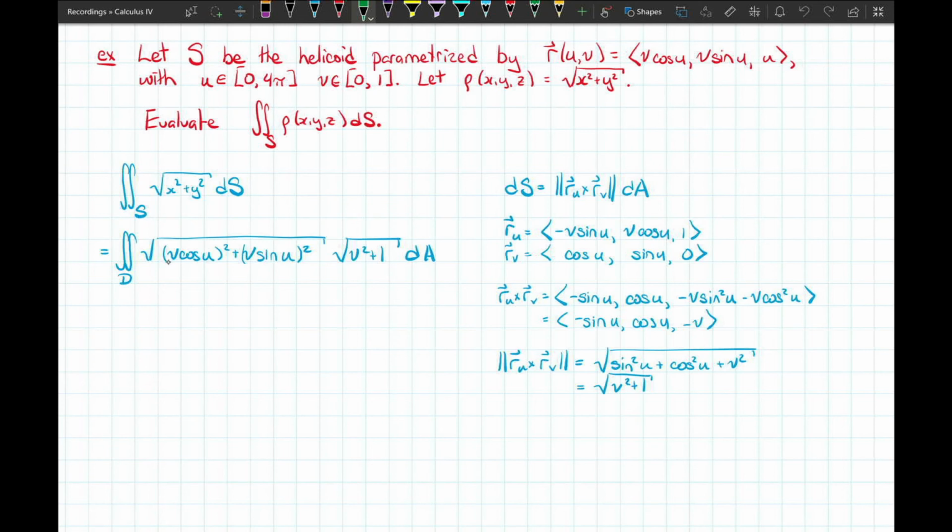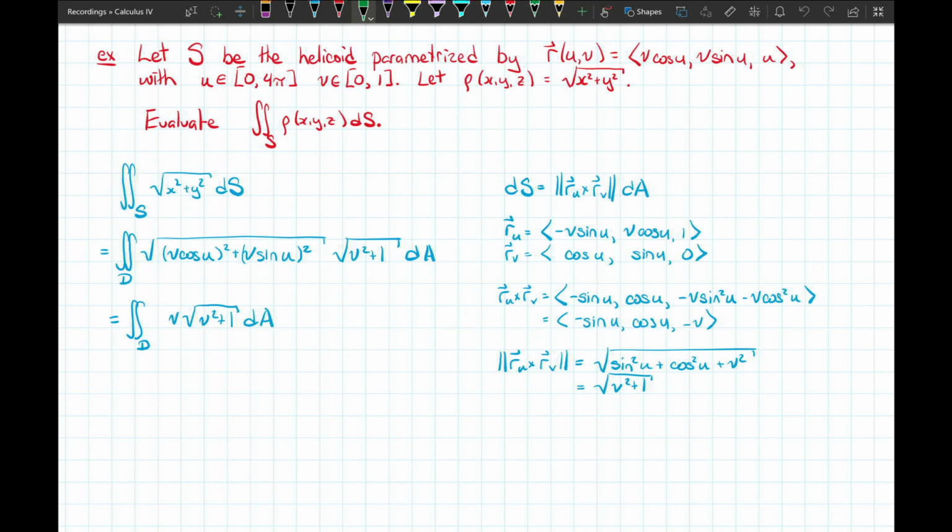You can see here we've got a v squared cosine squared u and v squared sine squared u, a common factor, and another identity of cosine squared plus sine squared. So in the end, that gives us our integrand, v times the square root of v squared plus 1, which is already setting itself up very nicely for using a basic substitution.